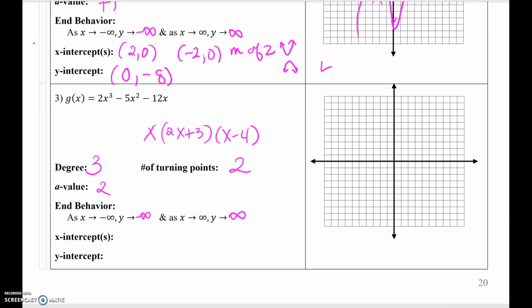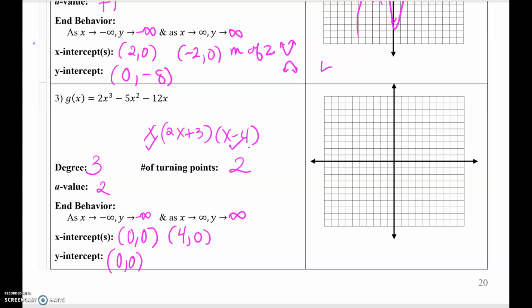So I am going to find my x-intercepts here. I know that this one, x equals 0, is 0, 0, which means that my y-intercept is also 0, 0. This one's very easy. That's going to be 4, 0.